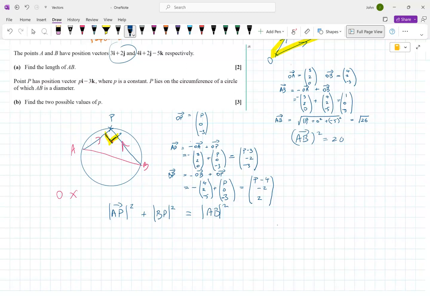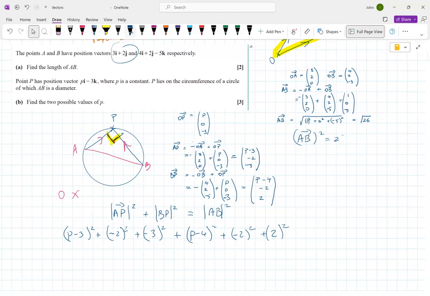AP squared is these components squared, so (p minus 3) squared plus negative 2 squared plus negative 3 squared, and then BP squared is (p minus 4) squared plus negative 2 squared plus 2 squared, equals AB squared, which is 26.